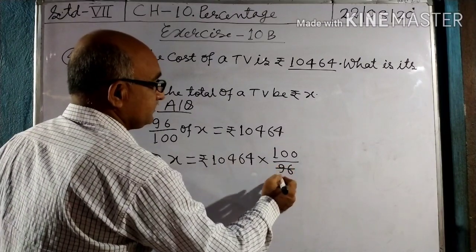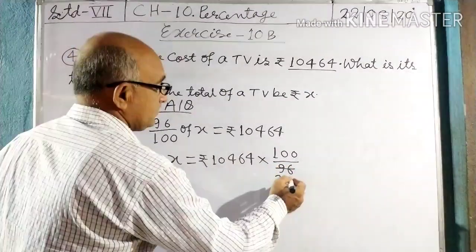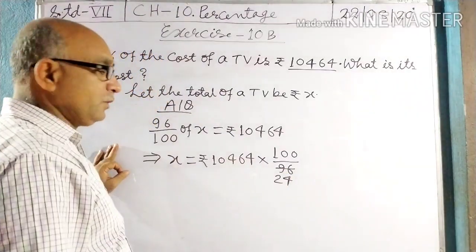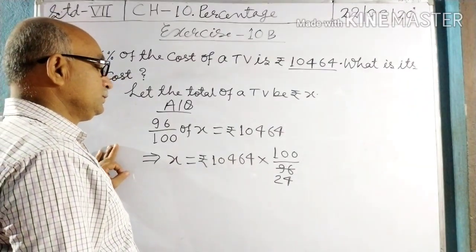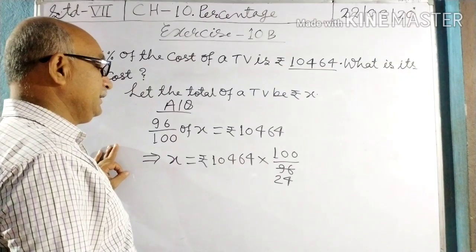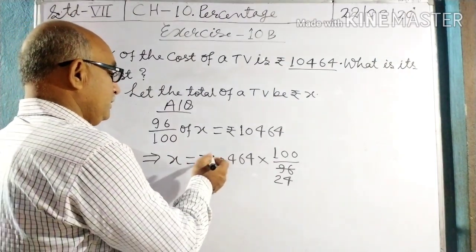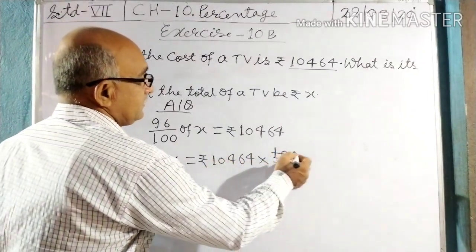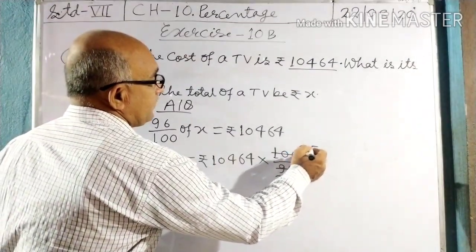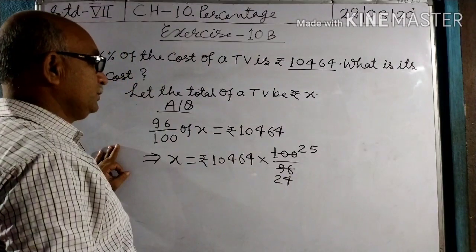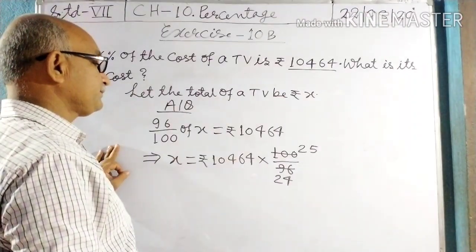4 times 24 is 96. Now it's also divided by 25, 4 times 25 is 100.